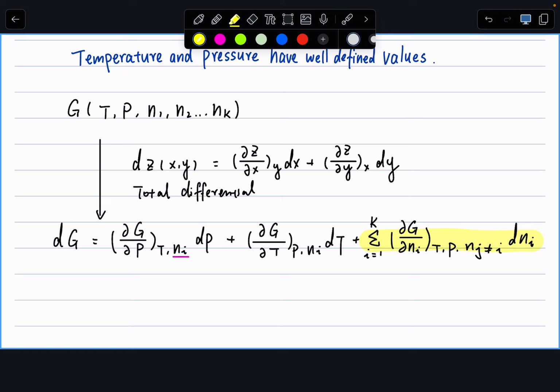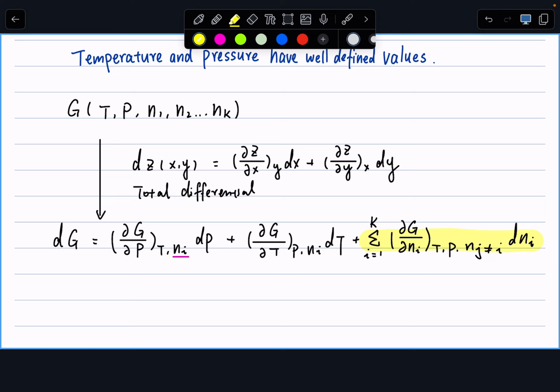That's this one. And plus dG over dNB, while keeping T, P, NA, NC, ND constant. And obviously we have the terms for C and D. So this is just the written out version of that sum over there. And done.